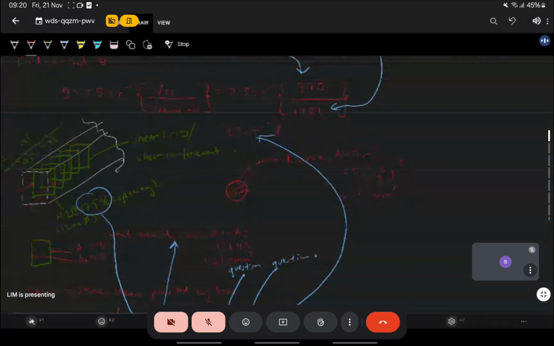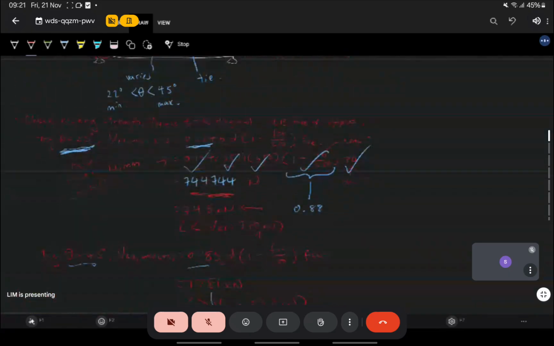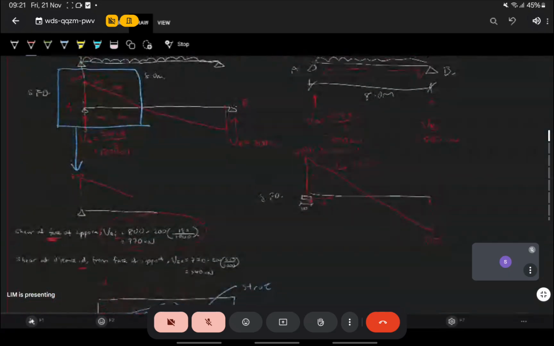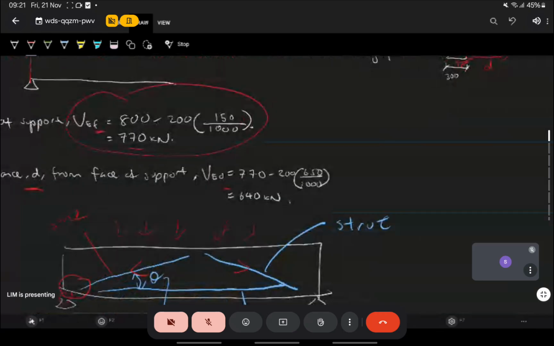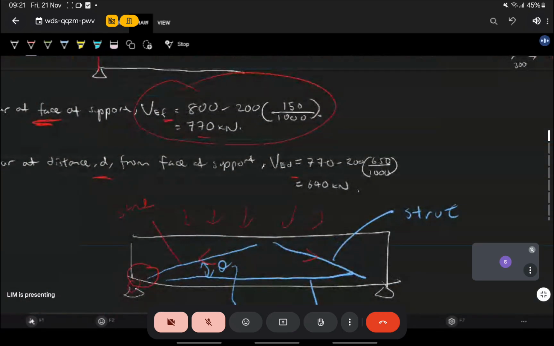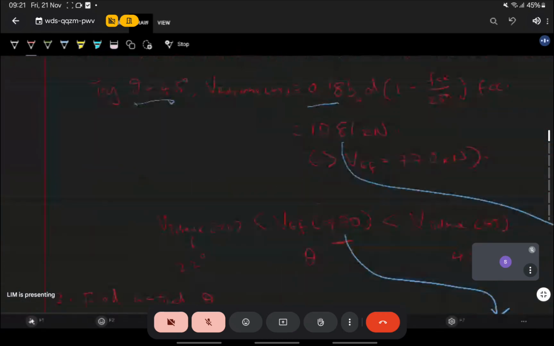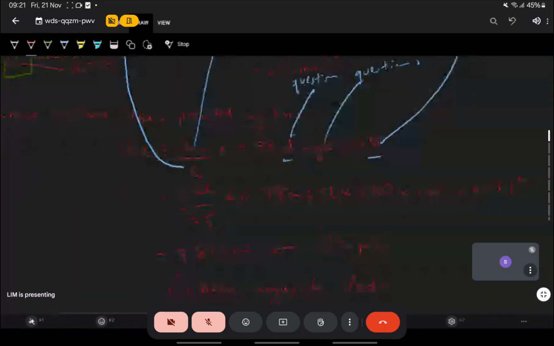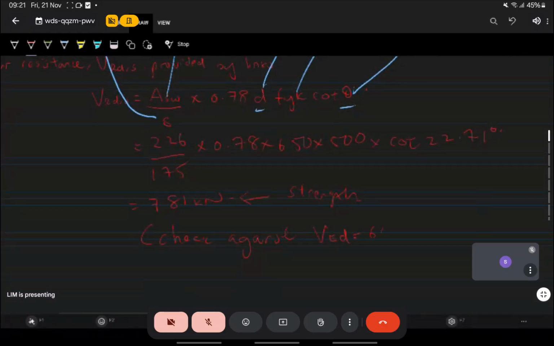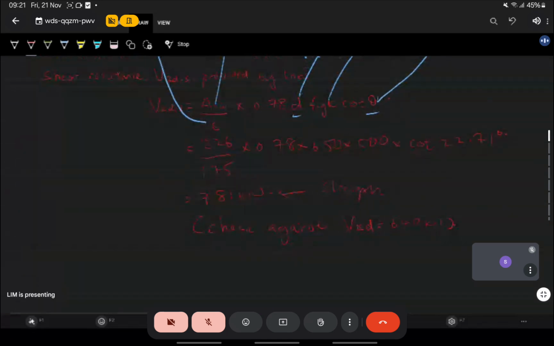We calculated that earlier: 640. So our shear link has a resistance of 781. The shear force at D is only 640.